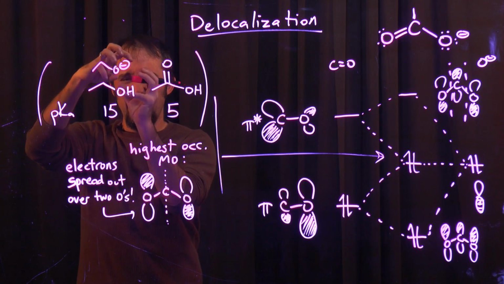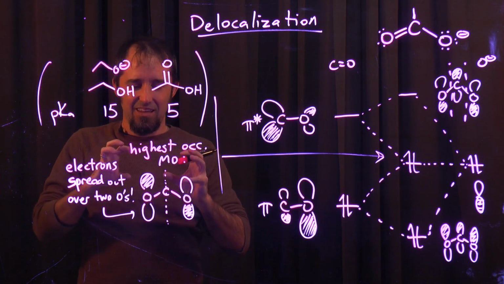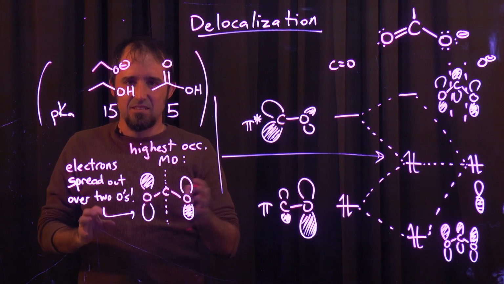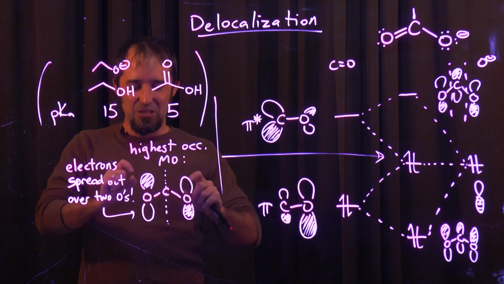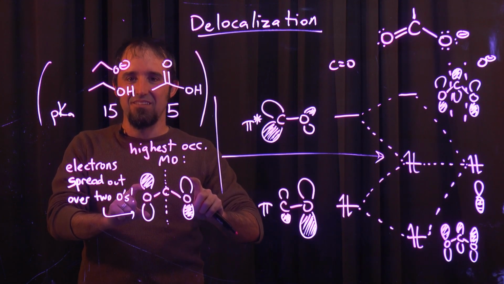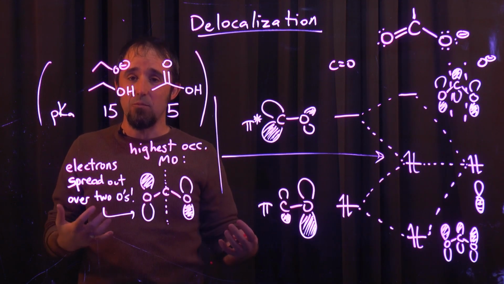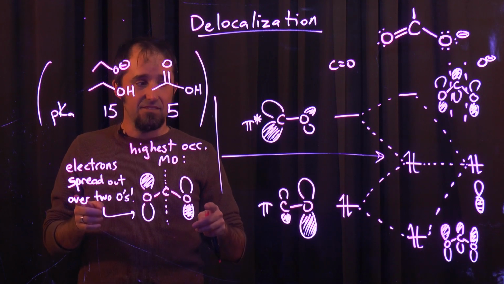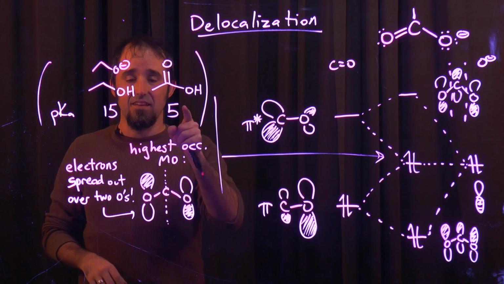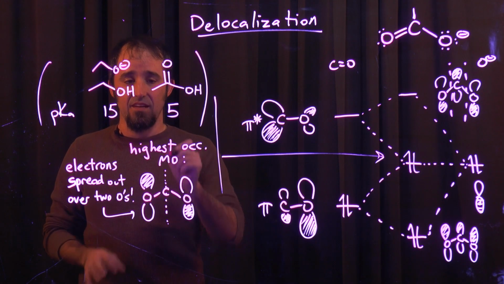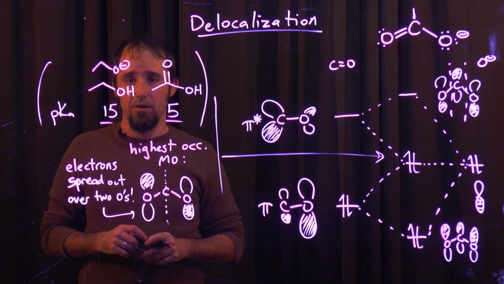You get in each other's face, it's not good. Here, we can at least spread them out over 2 rooms, which is a little bit better. All right? So being able to spread out electrons gives us more stable molecules. In this case, we are stabilizing the conjugate base, which makes this a much, much better acid. Again, 10 pKa units better.